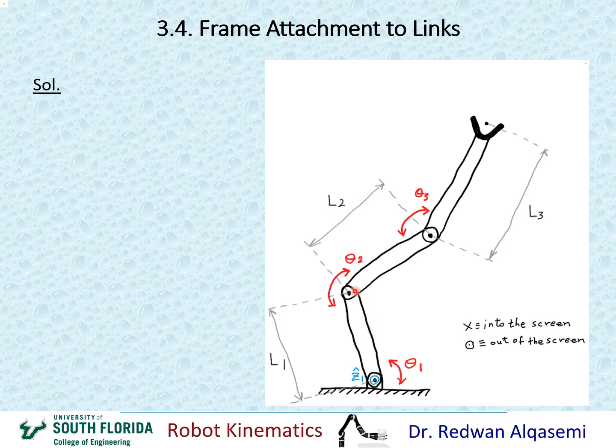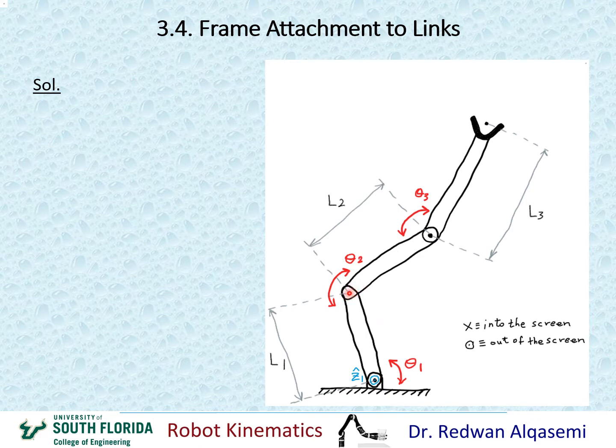Now going on to Z2, again I have a revolute joint, and it's rotating about the axis that we see here at this dot. So the axis of motion is the axis that's either going into the screen or out of the screen. In this case, I'm going to choose the axis for Z2 as coming out of the screen so that it's consistent with Z1, and that would eliminate any possible alphas.